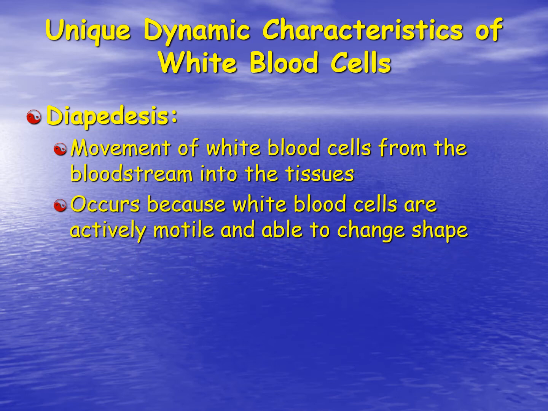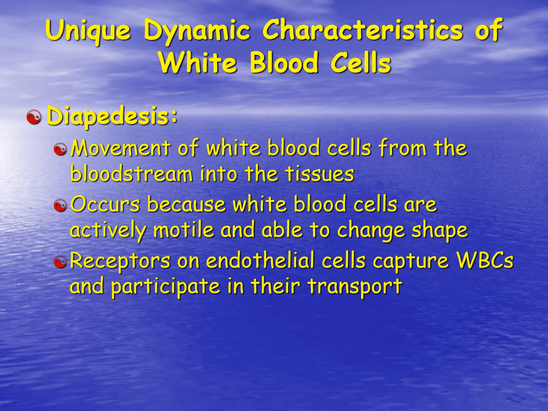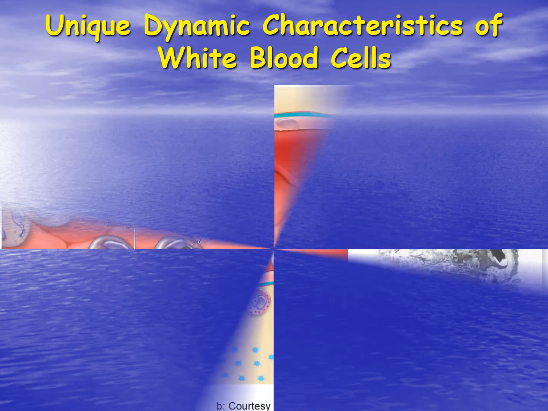And this occurs because white blood cells are actively motile and are able to change shape and actually squeeze through, if you will, the endothelial cells of the capillaries. Receptors on the endothelial cells will help capture the white blood cells on the inside wall of the blood vessel and will actually participate in moving them through the wall of the capillary.